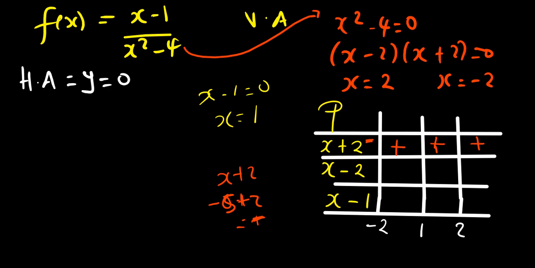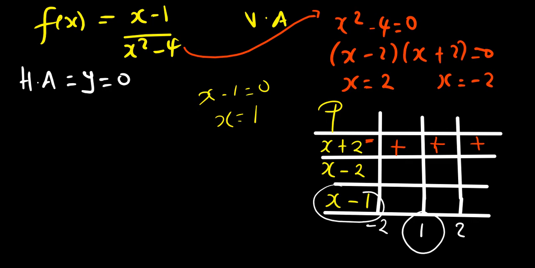Okay, so now let's solve the other one. Let's solve for 1. Which equation gave us 1? 1 came from x minus 1. If we get any number that is less than 1, let's say 0 minus 1, that gives us a negative number.